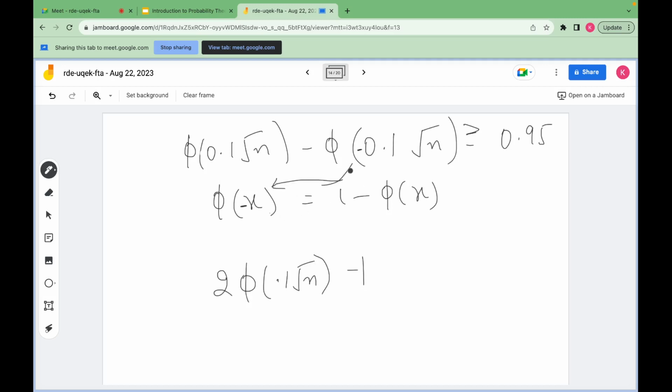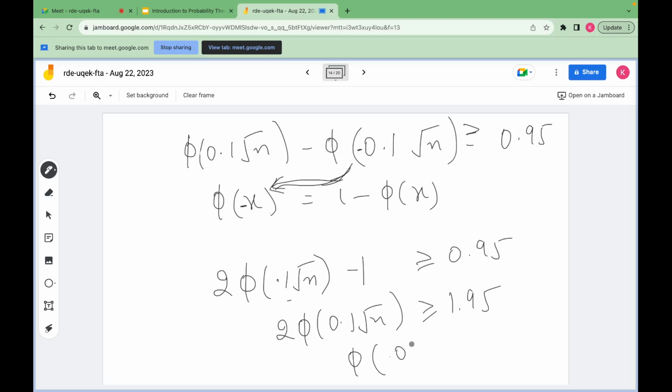We wrote this term as this, which is greater than or equal to 0.95. So from here we will see that this psi should be greater than 0.975.